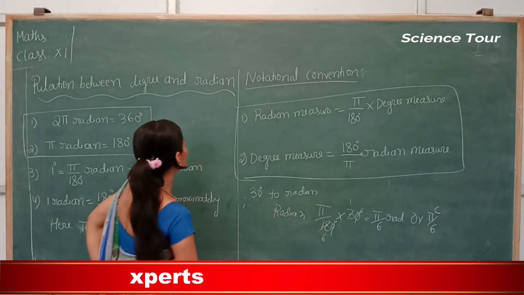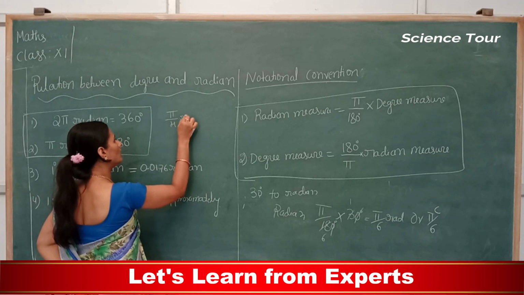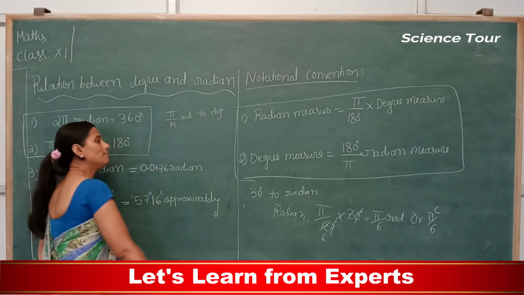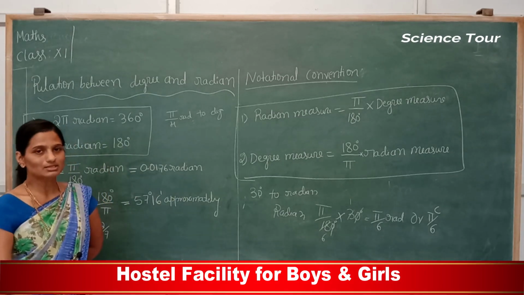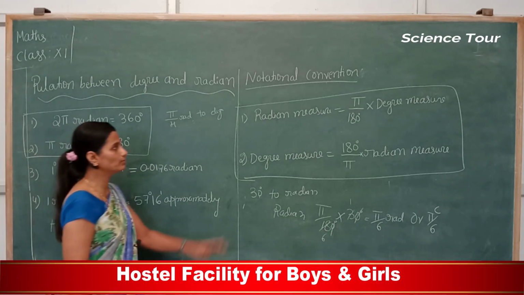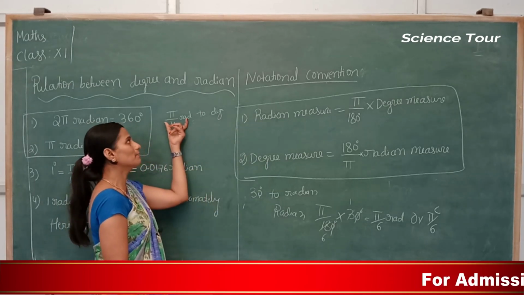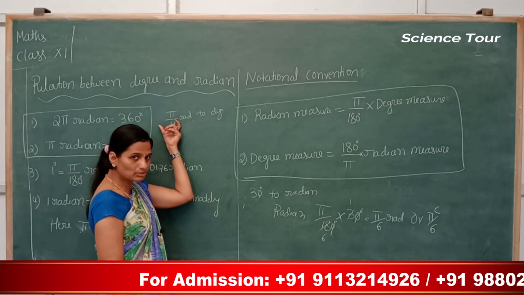Now suppose it is pi by 4 radian, convert that to degree. Which formula to use, the first one or the second? What is given? Pi by 4 radian, so radian measurement is given.